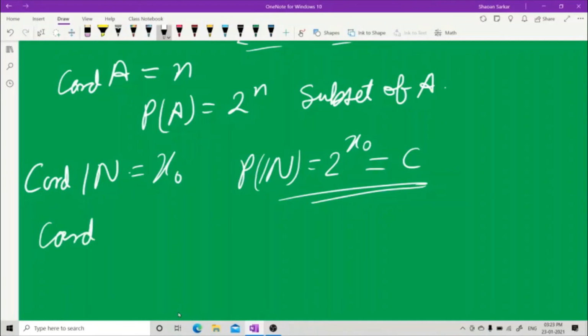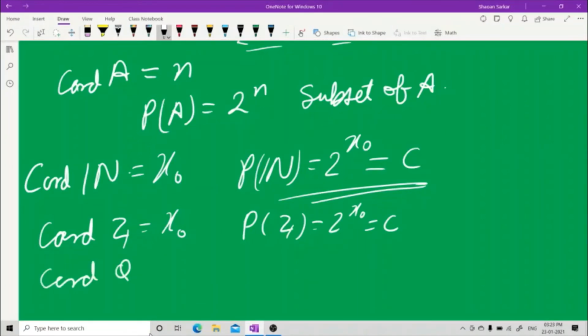Similarly, card Z is also alif naught, and the power set of Z is also 2 to the power of alif naught, and that is C. Now you have cardinality of Q, that is also alif naught, and power set of Q is also 2 to the power of alif naught, and that is C.